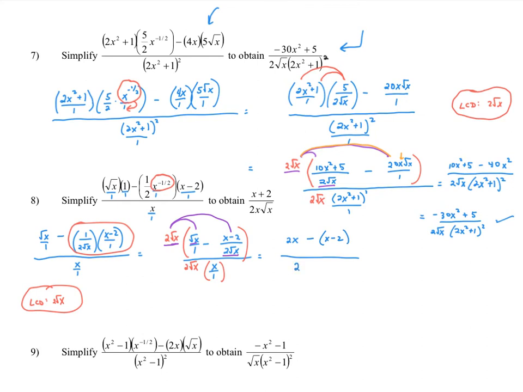In the denominator, it literally says 2, there's an x, and times root x. Now distribute the negative. Finally, combine the like terms in the numerator to get x plus 2 divided by 2x root x, which, if you look at the problem, is what we want.